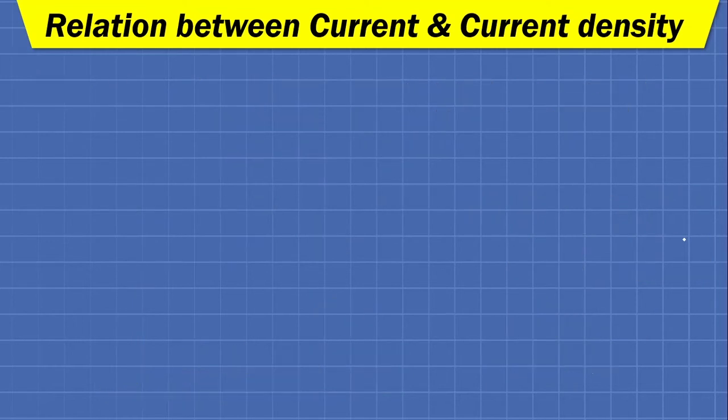So now you have observed that in electrostatics we had a relationship psi equals closed surface integration of D bar dot ds bar.